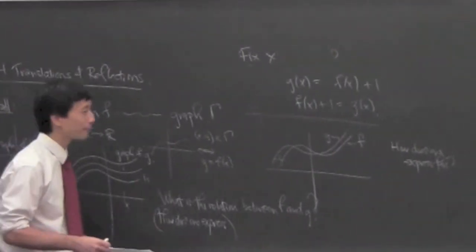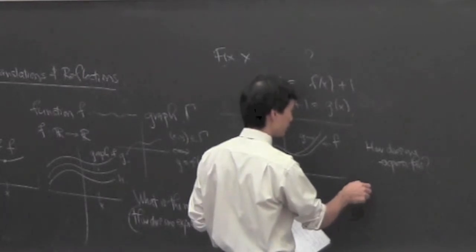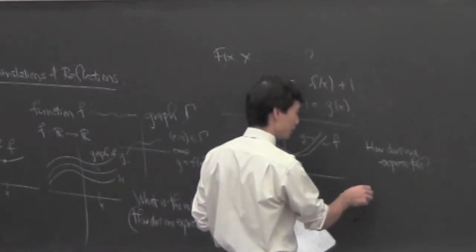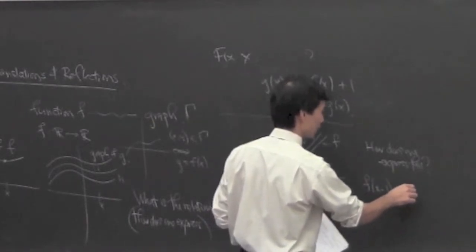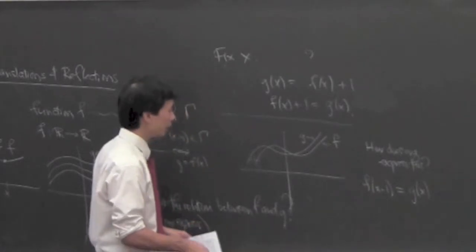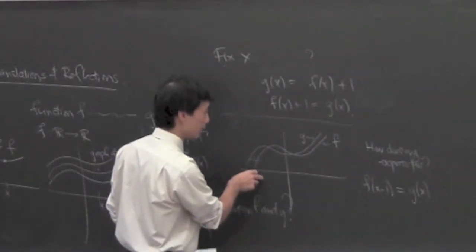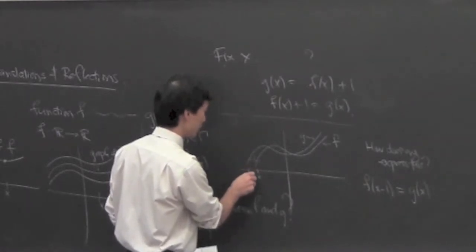Caroline? It's x minus 1 because you're going to the left on the x-axis, so it would be f of x minus 1. F of x minus 1 is g of x. Let me think about that. So if this is x, this is x minus 1.